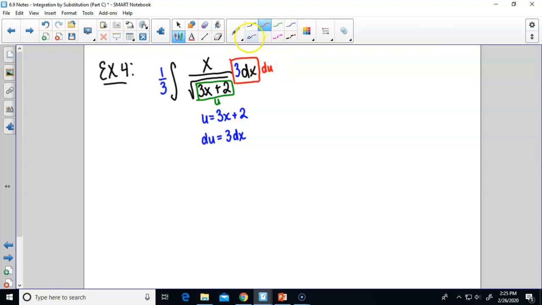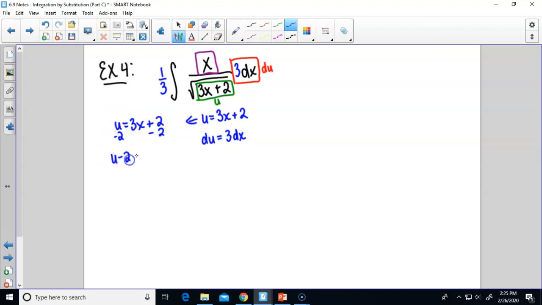But we've still got this x up here in the top. And we can't do this problem until we have replaced that x. So, much like the last problem, we are going to have to take this u right here equals 3x plus 2, and we've got to solve that for x. So we're going to have u equals 3x plus 2, so we'll subtract 2 from both sides.